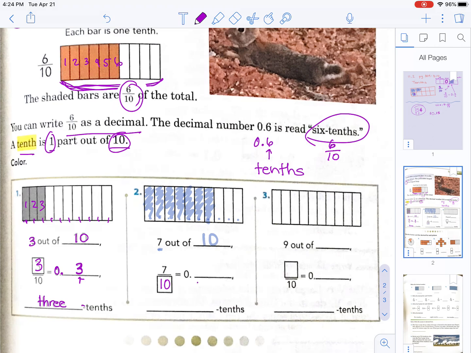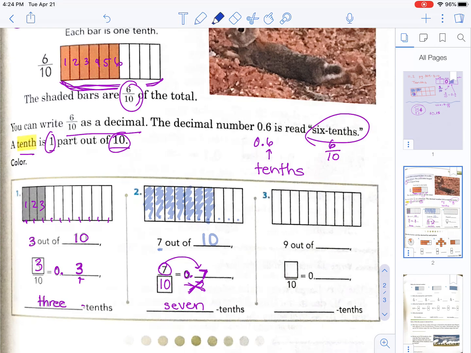Do not write 10 on this line, boys and girls. No, no. What do we put on there? How many out of 10 do we have? 7. 7 parts out of 10, like 7 dimes out of 10 dimes that make $1. We have 7. So 7 parts out of 10. You write the 0 point, the 0 and the decimal are already there. So you write 7 right here. It's 7 parts out of 10. And we write 7, this is how we say it, 7 tenths.